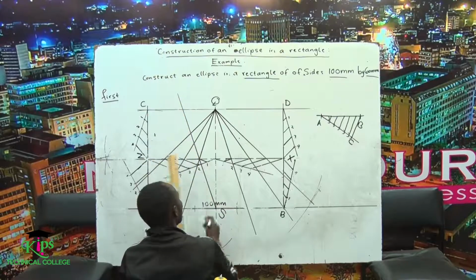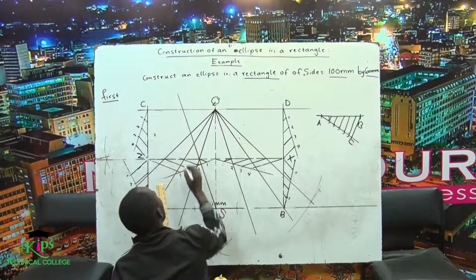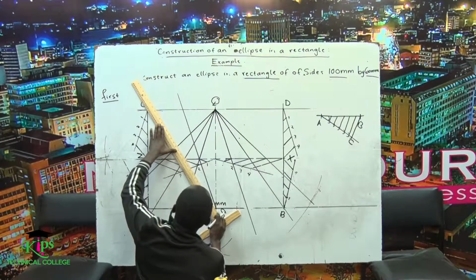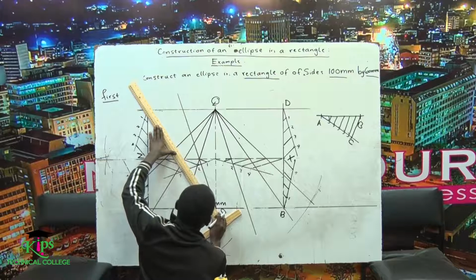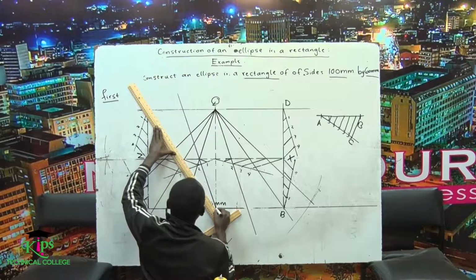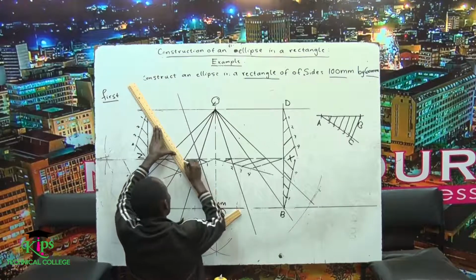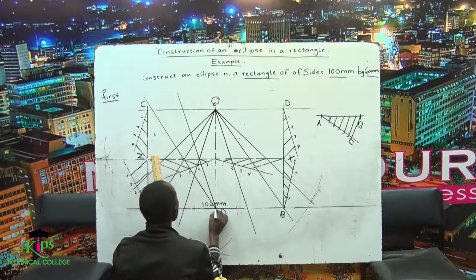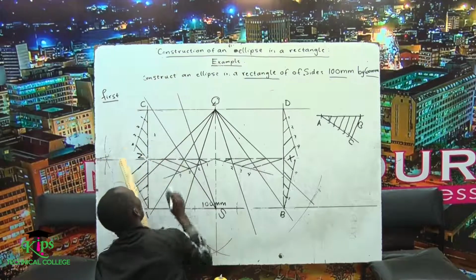So again, from S to pass through this point. Like this. Like that. Then again from S to pass through this point.